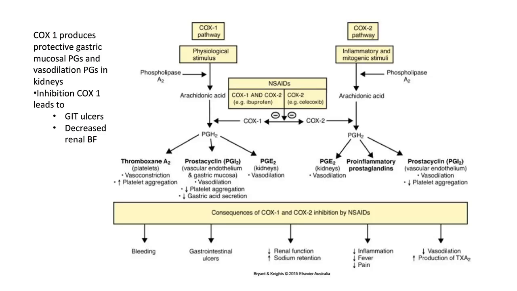When we inhibit COX-1 and COX-2 indiscriminately, we can see that we impact on platelet aggregation, which can result in bleeding. We can impact on the gastric acid secretion by not lowering it, so we lose that protective effect and we end up with gastrointestinal ulcers.